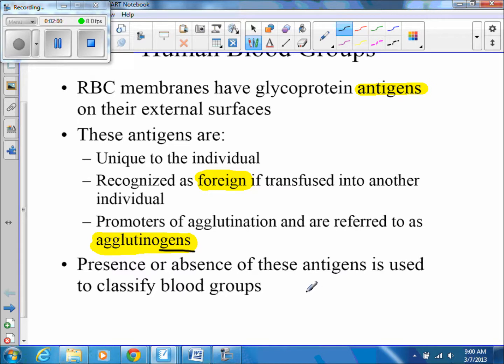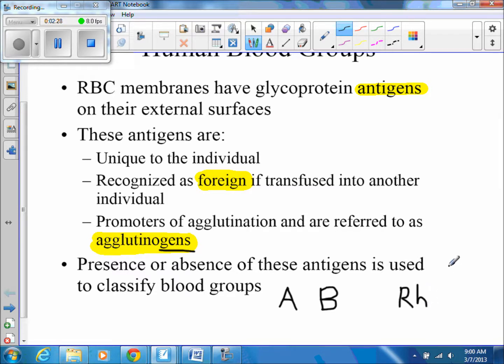All right, so the antigens that are possible on your red blood cells, the primary ones, is A, B, or there's one we'll talk about later that's called RH. And RH gives you the plus or minus. So if you have RH, you're positive.